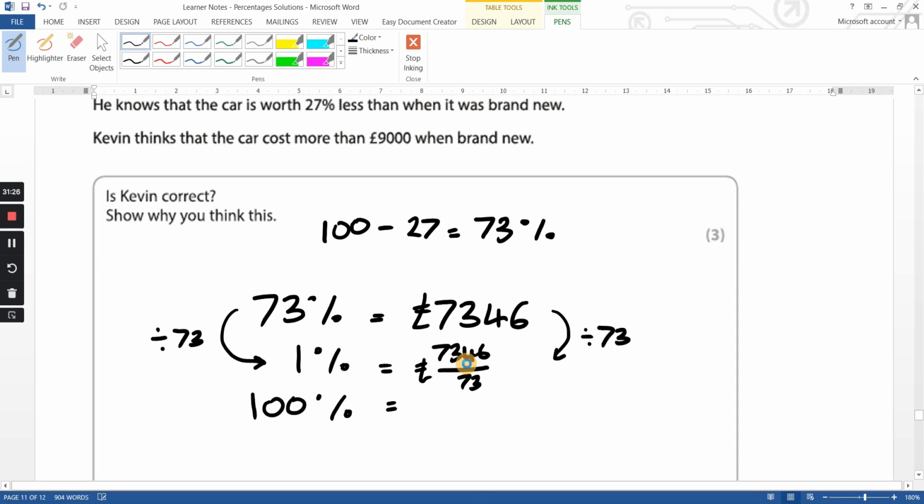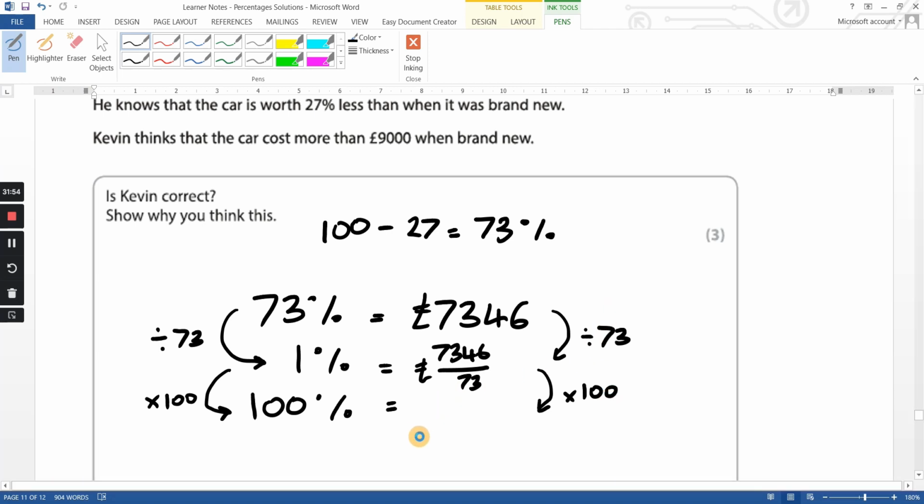So I'm not going to round that. I'm going to use the fraction instead, which is a lot more accurate than the decimal. And this is not my final answer either. I'm going to multiply by 100 anyway, because I'm going from 1% to 100. Let's times by 100 here and here. So on my calculator, I'm just going to times by 100.